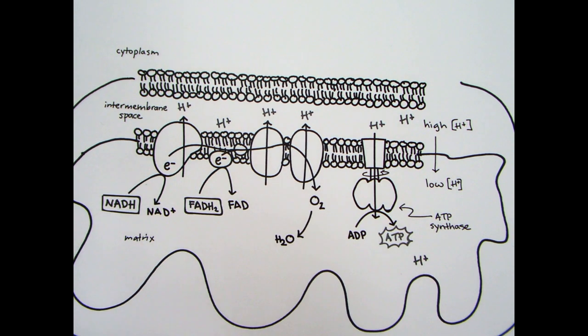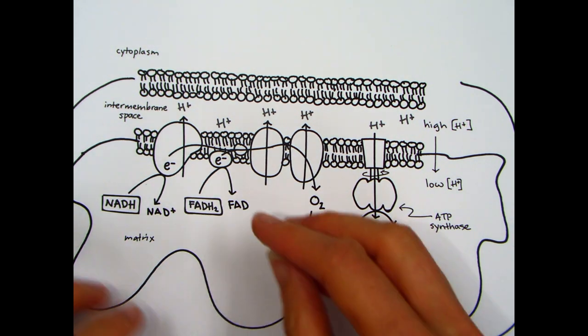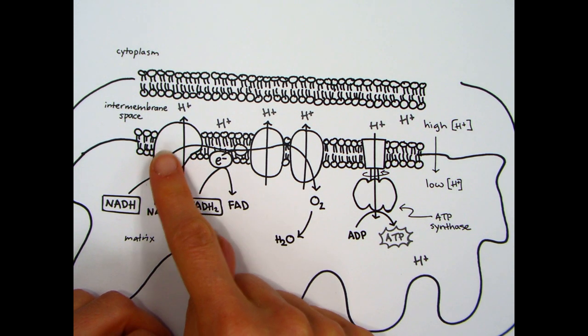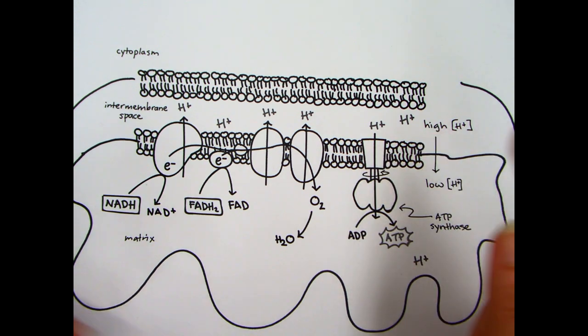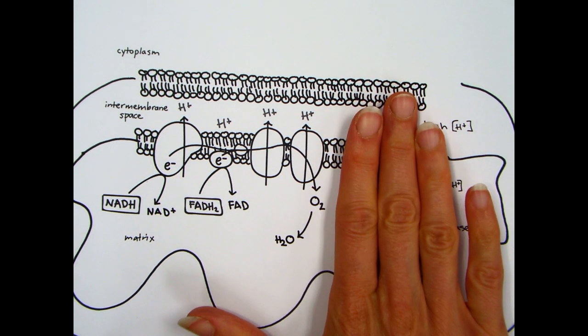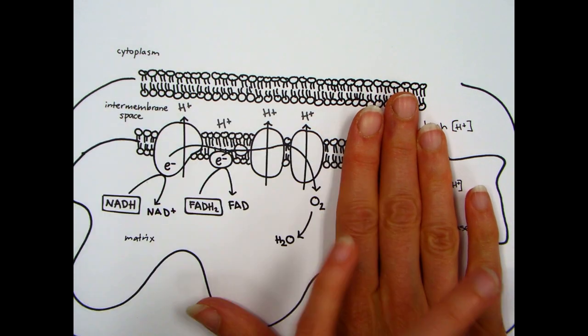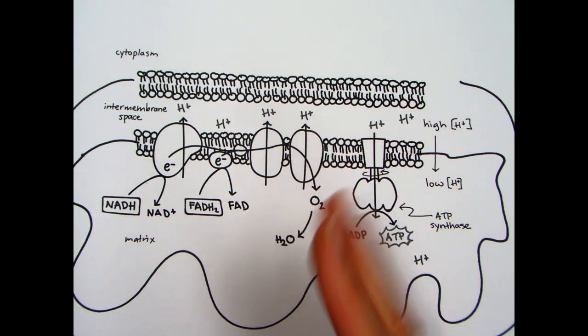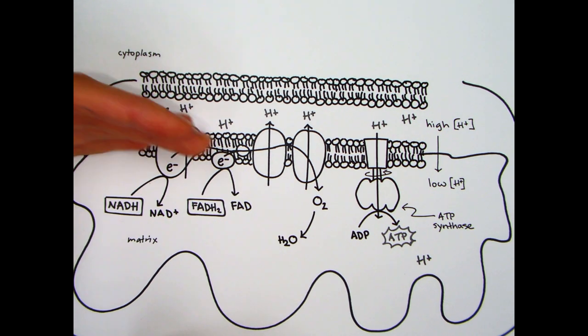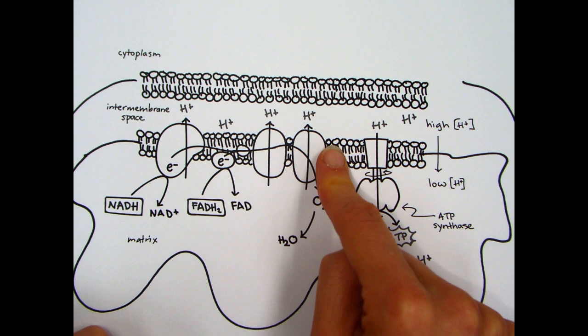You guys have always seen this drawn as a stair-step situation, maybe. And so there are 4 different complexes, 1, 2, 3, 4, in the electron transport chain. If you learned the stair-step method, you can think of them as the first stair, the second stair, the third stair, and the fourth stair.